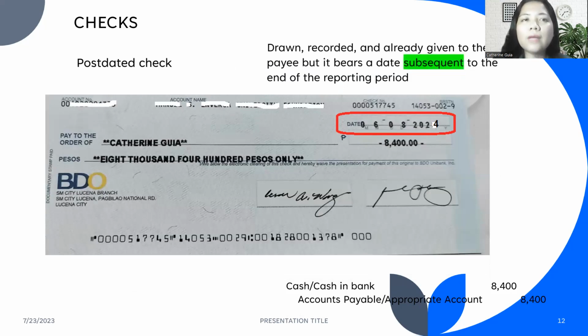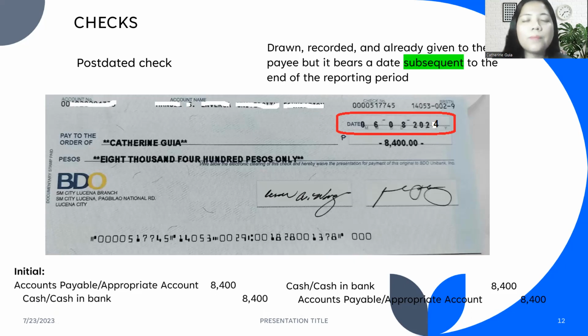This post-dated check was drawn, recorded, and already given to the payee, but it bears a date subsequent to the end of the reporting period. And what was the entry when this check was prepared? So same in our previous example, the entity which issued the check debited accounts payable or whatever account is appropriate, 8,400, and then credited cash or cash in bank.